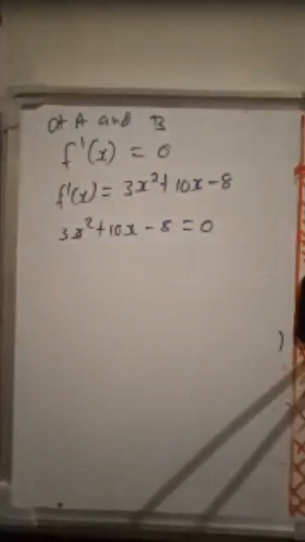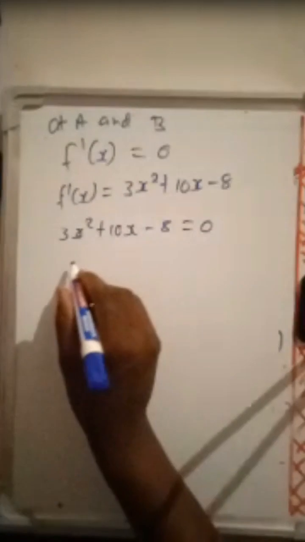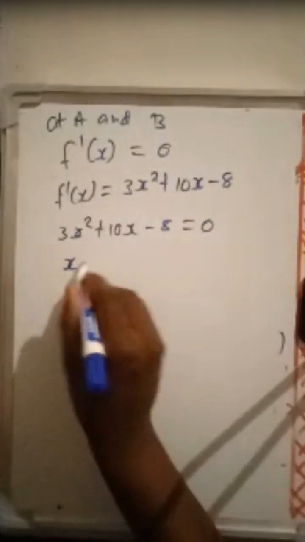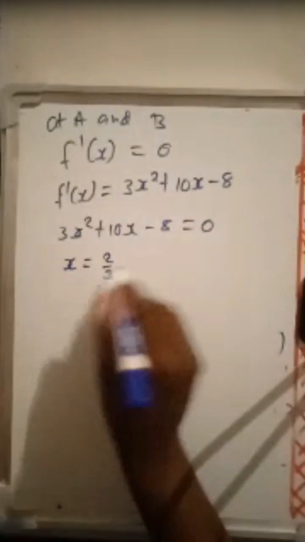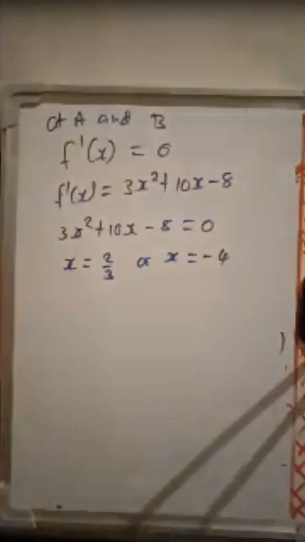To save yourself from the frustration of factorization, you can always use the quadratic formula. But for myself, I got x is equal to 2 over 3, or x is equal to negative 4.